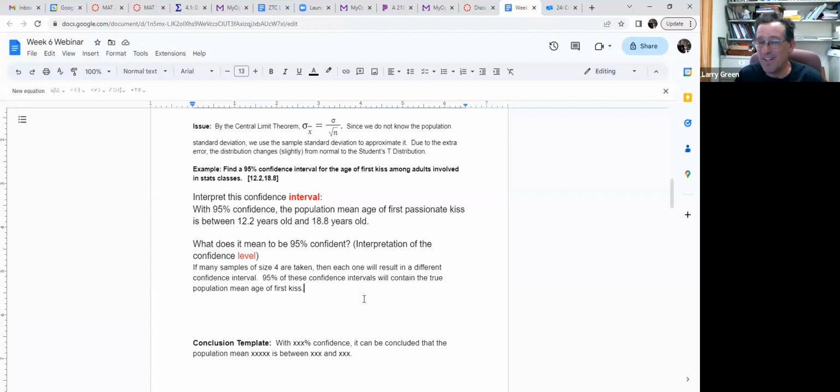Yeah, if blowing it means you're killing someone, I hope you're not okay with a 5% chance of killing someone, right? Sometimes you might be okay with a 90% chance of getting it right and 10% chance of getting it wrong, and that can happen too. So sometimes you're going to have a different confidence level, that's 95% or 90% or 99%, and you choose.